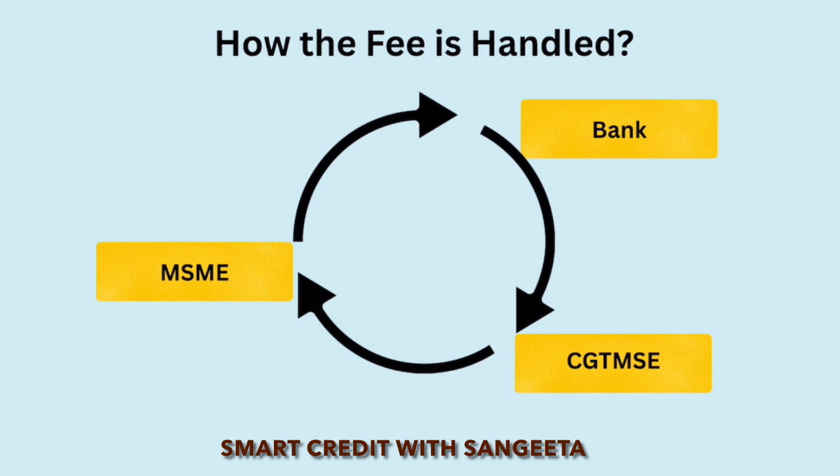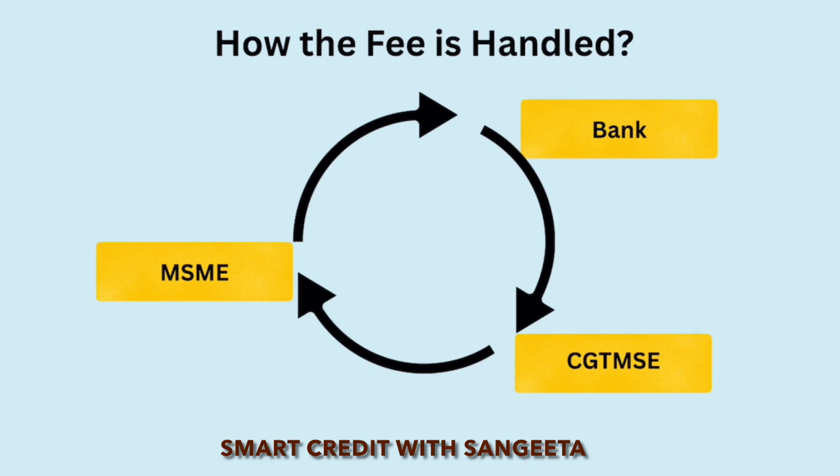Bank has to just mark your loan closed in the CGTMSE portal, and then they will refund you the proportionate amount, say if you have closed in April, from May to next year March. But here is a condition, a catch, that you must submit the application within 3 months, means if the fee was charged in March, then you have to submit the application by June.